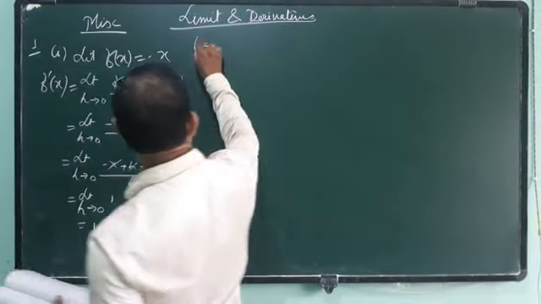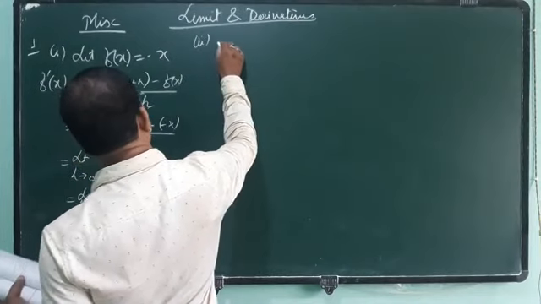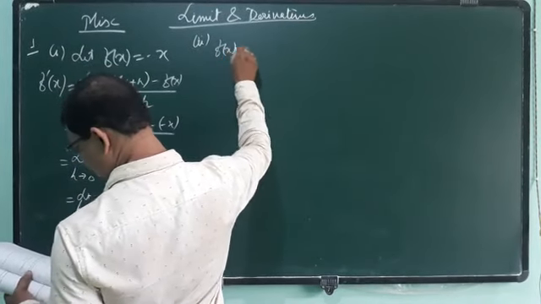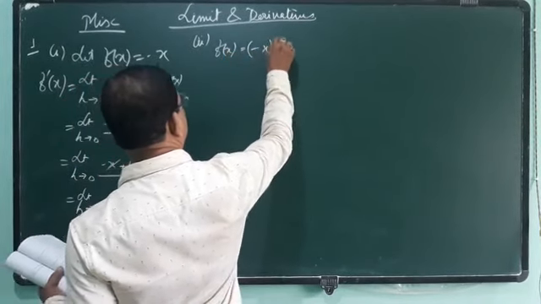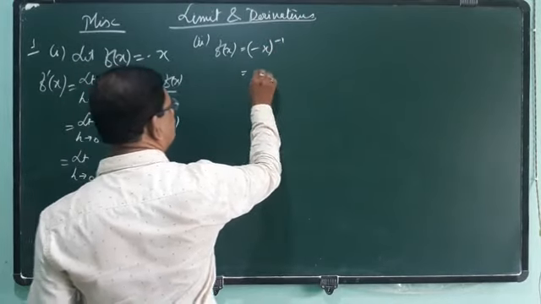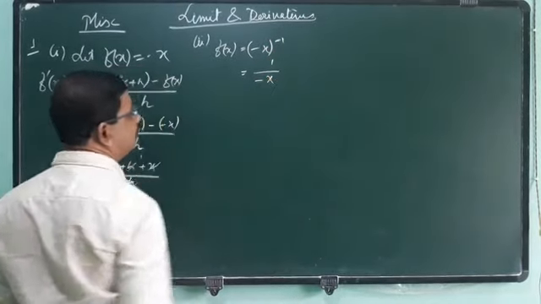Then number 2, here f(x) is given as minus x to the power minus 1. This actually means 1 by minus x.